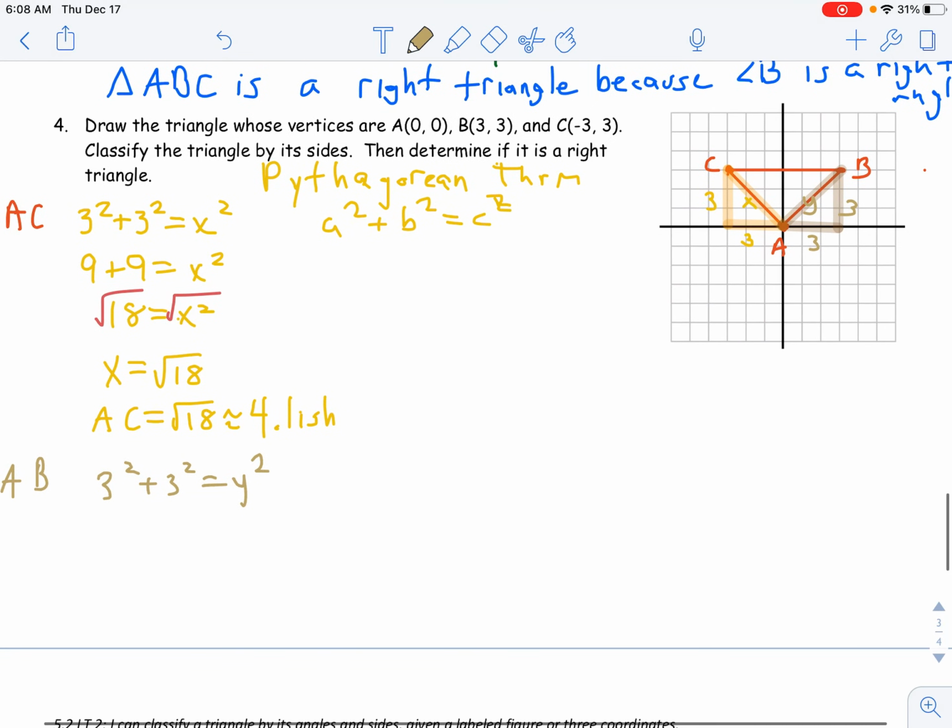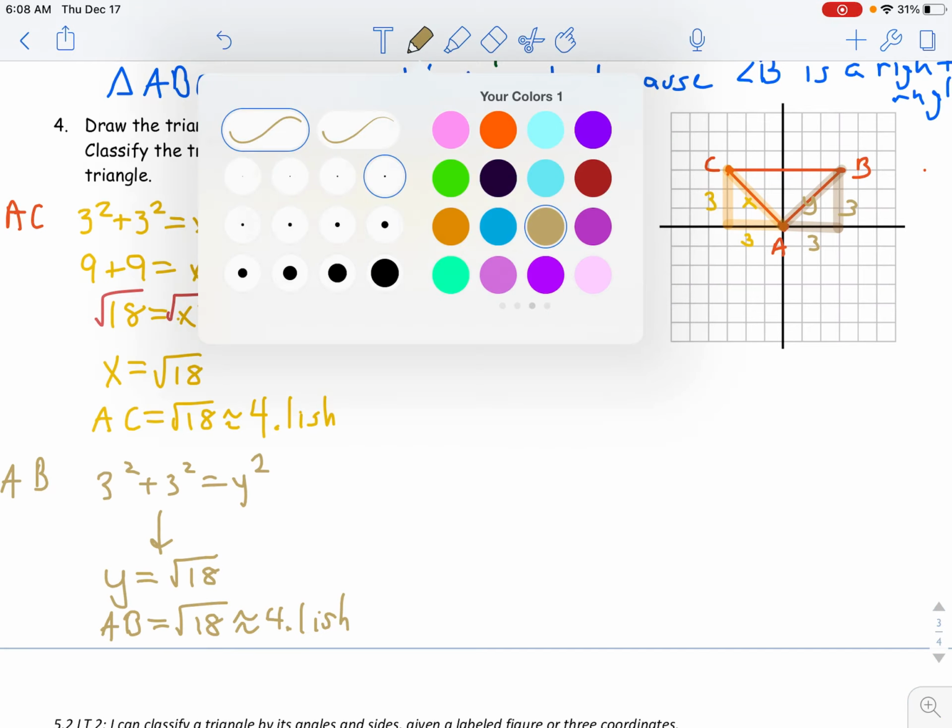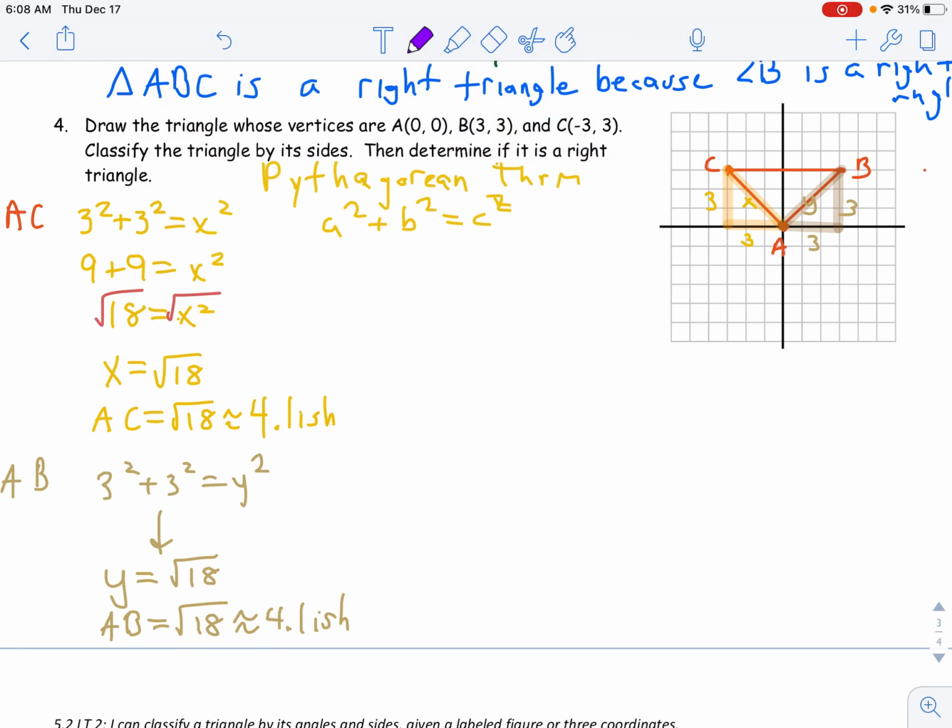So this is the same exact setup as before. So you can see a bunch of math's going to happen. Y is going to equal the square root of 18. Well, that means AB equals the square root of 18, and it's going to be about 4.1-ish. I forget exactly. I should have had a calculator ready. Anywho, and then the third side, CB or BC, we can just go ahead and count. BC equals 6.